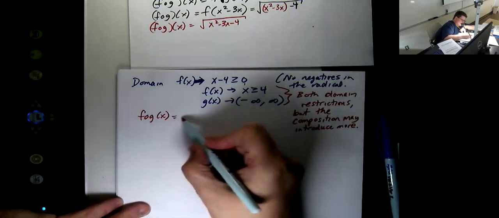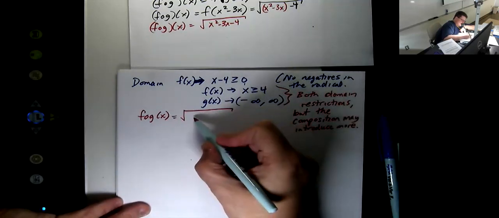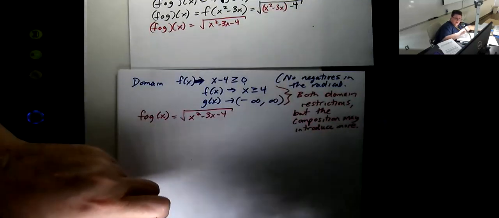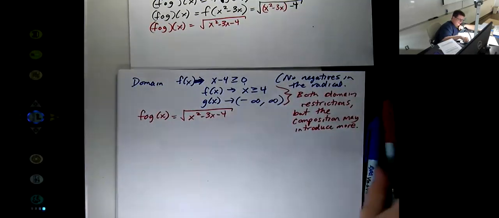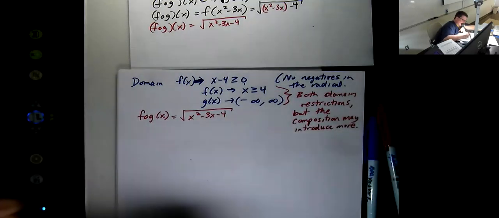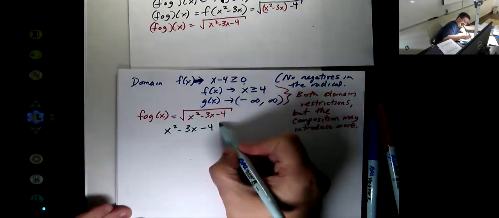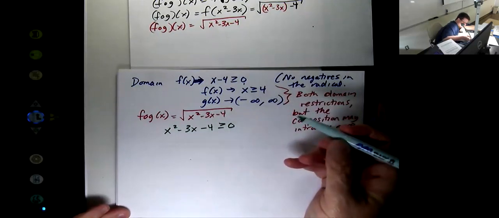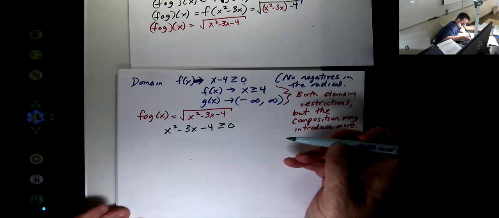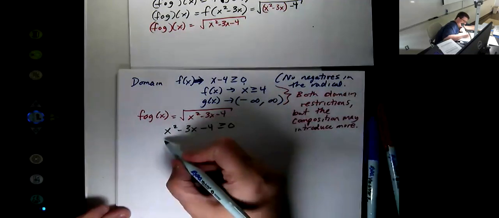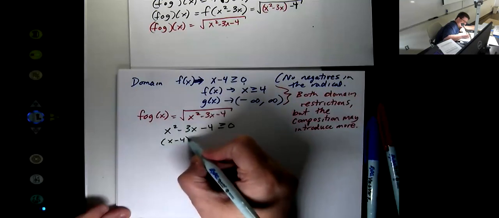So f of g of x was x squared minus 3x minus 4. We want that to be greater than or equal to 0 also. This factors into x minus 4 and x plus 1.